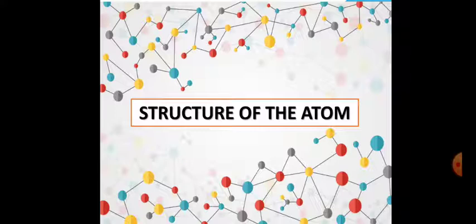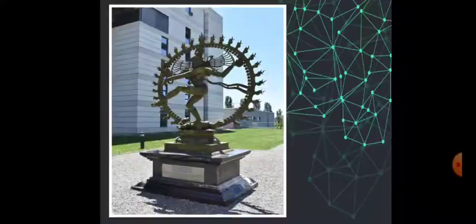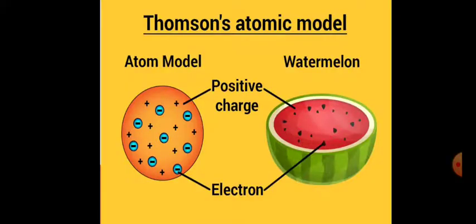Now let us recall what we studied in the last class also. This is the first atomic model, discovered by J.J. Thomson. What J.J. Thomson proposed is that the atom is like a watermelon, where the red part is positive charge and the seeds, which are black in color, are called electrons.